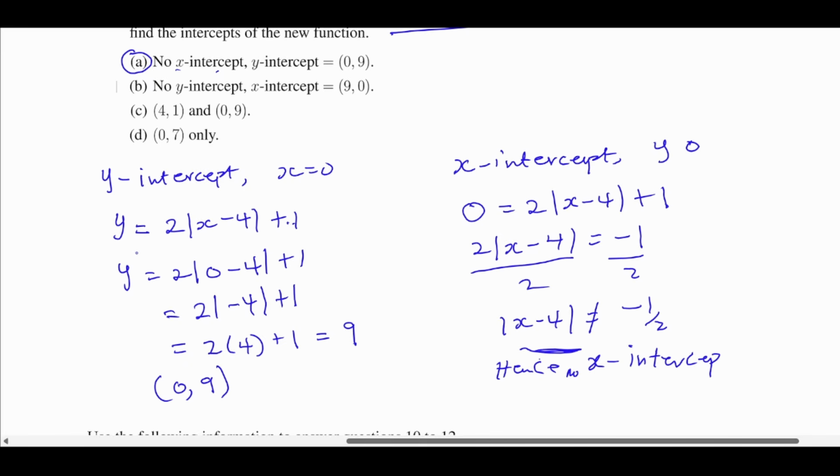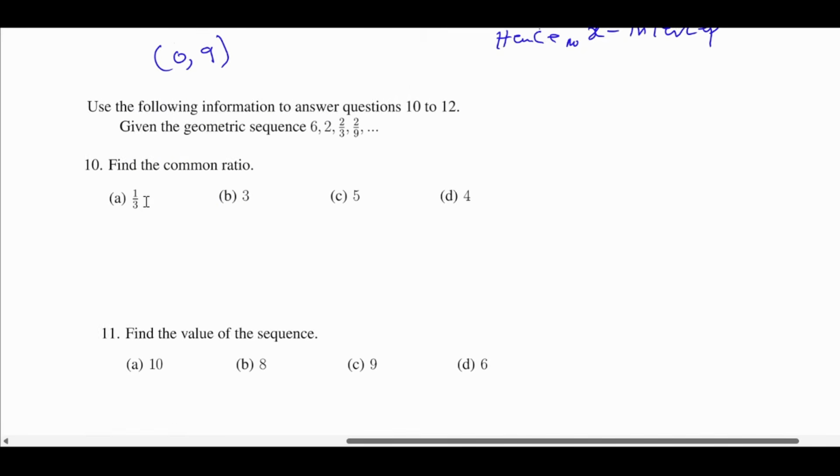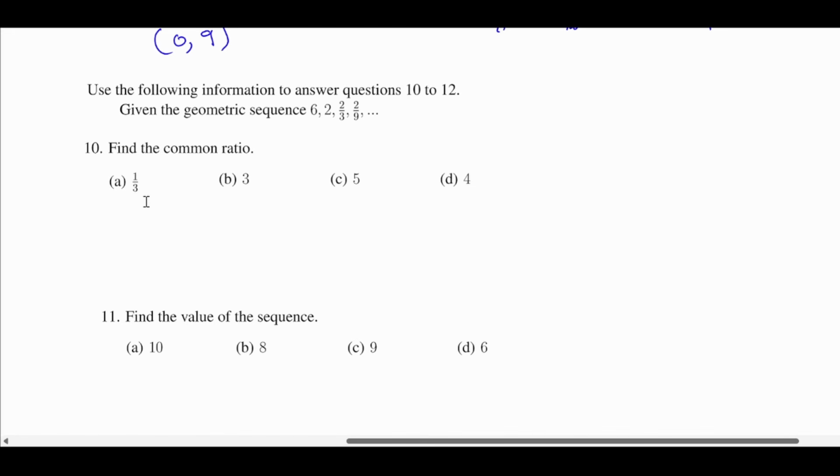That's question 9A. Question 10, we are given a sequence, and they told us that the sequence is a geometric sequence where we have 6, 2, 2 over 3, 2 over 9. Now we are being asked to find the common ratio. To find the common ratio, we take a term and divide it by the one preceding it.